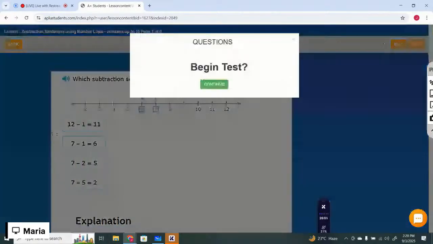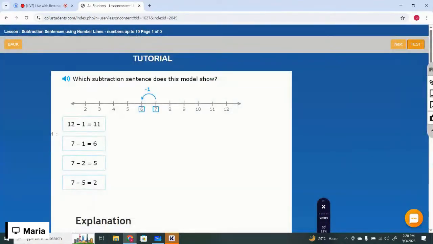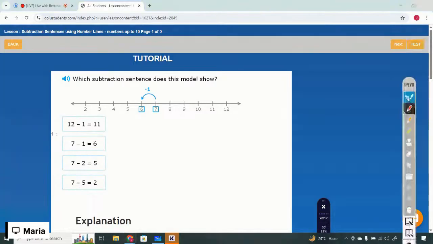So start with the greater number we have. 7. You go back 1 digit, so you end up on 6. The correct option is 7 take away 1 equals 6.